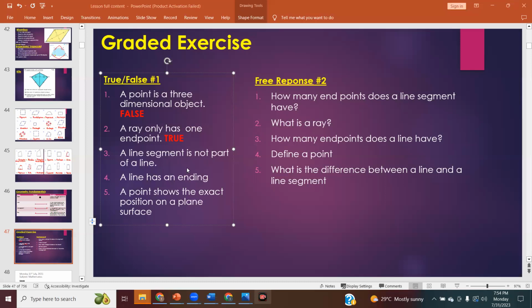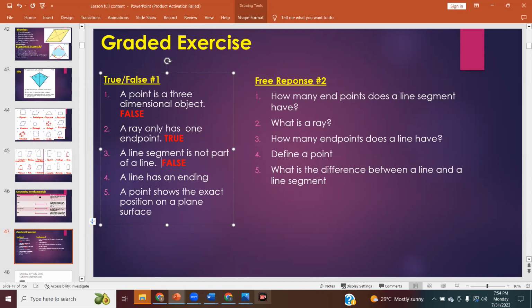A line segment is not part of a line. That is false because a line segment actually is part of a line. So number 3 is false. Anyone else got that? Number 3 is false. Yes, sir. Very good.